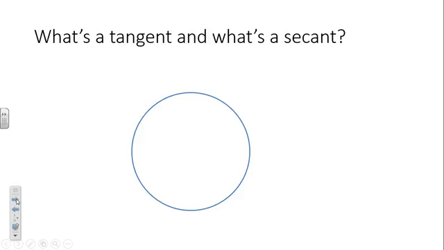I threw a circle up here to help you remember. A tangent touches the circle in exactly one spot, and what does the secant do? Yep, it goes through it. Okay, it may go through the diameter, right? But it may not. Okay, so the black line is a tangent and the red line is a secant. So we have a secant and a tangent, okay?